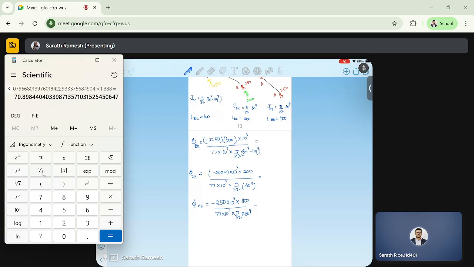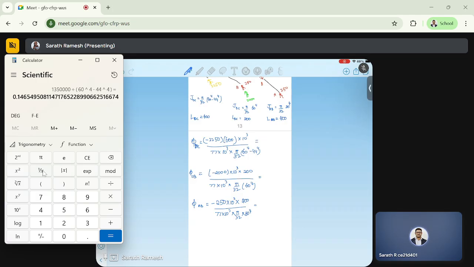Now just solve. 2250 into 600 divided by 60 power 4 minus 44 power 4.